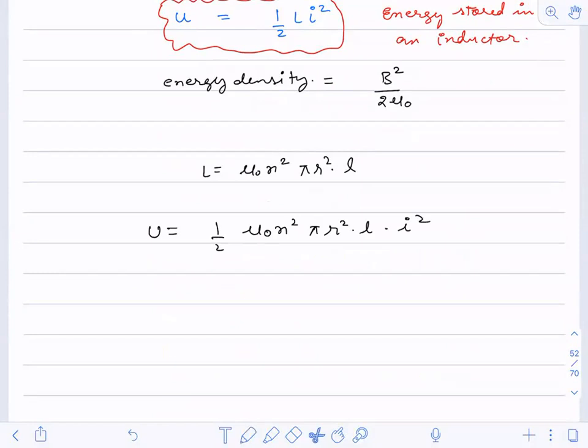Then this complete thing is a volume, so you will just bring it down. So this becomes energy density.